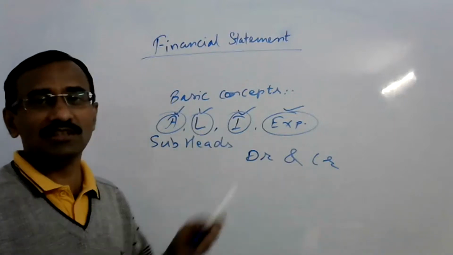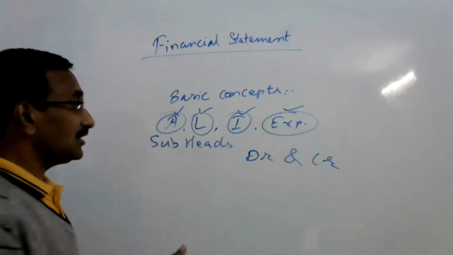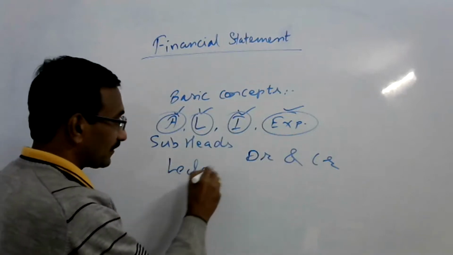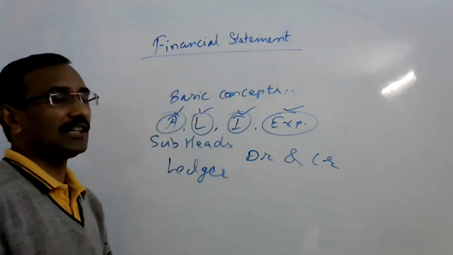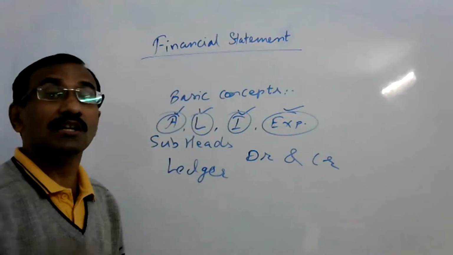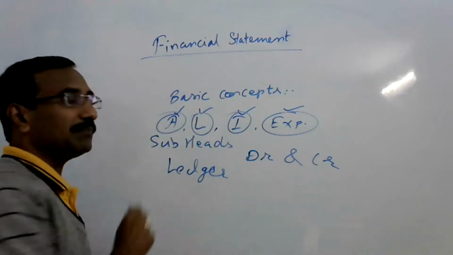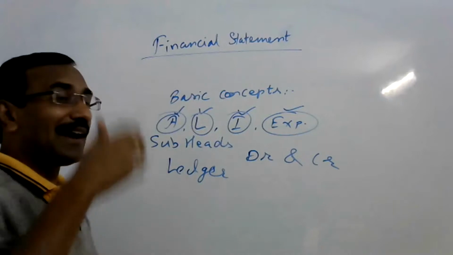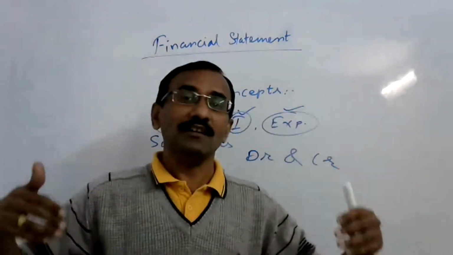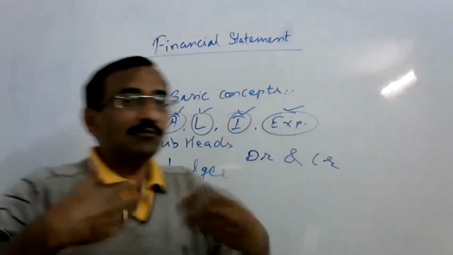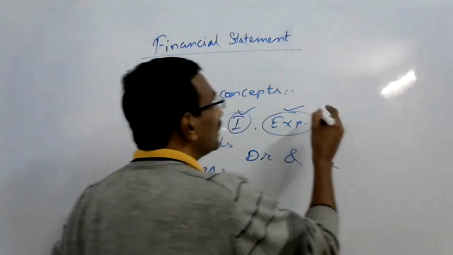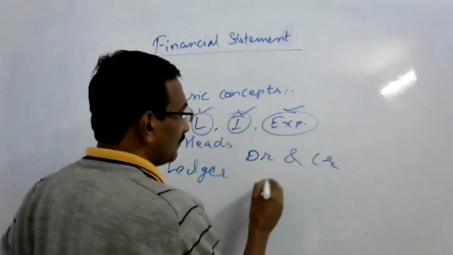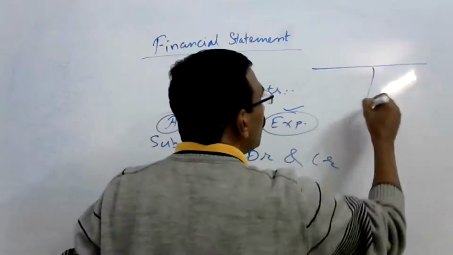After subheading and debit credit, we saw the creation of ledgers, because we have to create a financial statement. We want to reach the outcome, and for that purpose we prepared several different headwise ledgers. Then we saw the balancing of the ledgers. I did it in the T format.